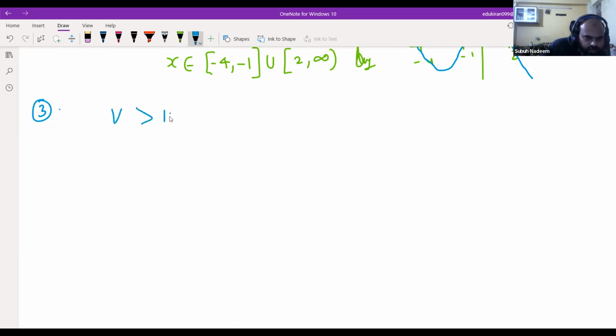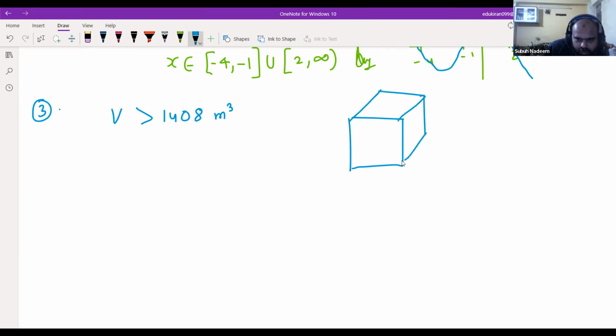Volume is greater than 1408 meter cube. So if you take the dimensions, length, breadth, height, then length into breadth into height is greater than 1408. Now it is saying, what are the minimum dimensions of the excavation if the depth must be 8 meter more than the width.